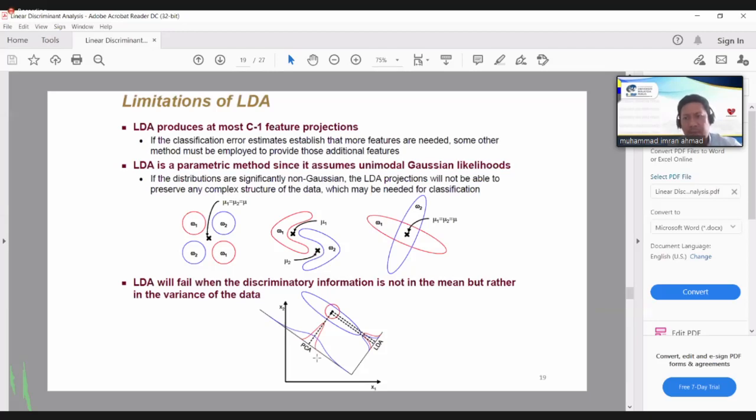Maybe another method can also, for example the kernel techniques, which we call kernel tricks, to push your data from a low dimensional feature space to a higher dimensional feature space. But sometimes even in higher dimensional feature space, the distribution still has a problem where LDA will not perform very well. So in that case, it is better to switch to a method related to statistical modeling, the GMM, Gaussian Mixture Model.